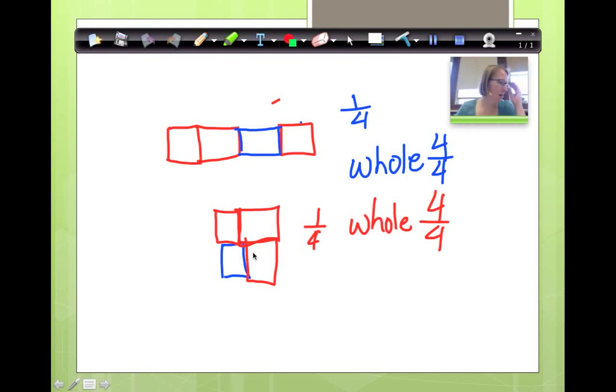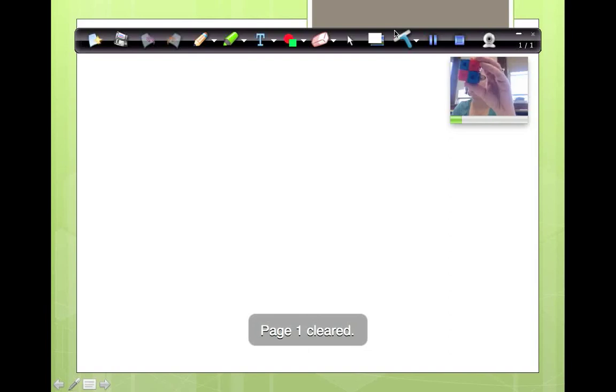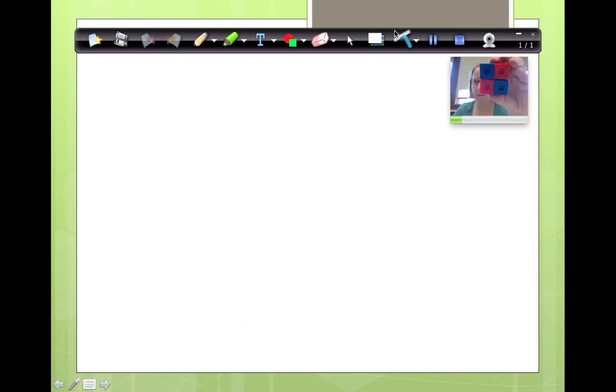Okay? Now, let's see what happens if I do this. I'm going to clear this first. This is my new model. So now let's draw it. So I have a red here, and then I have a red diagonally, and then I need blue. Okay, here's what I have.